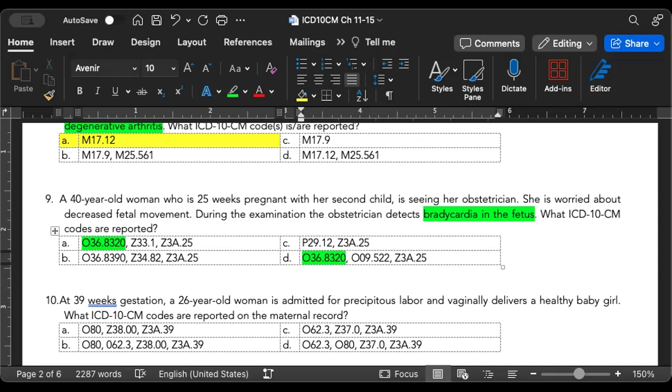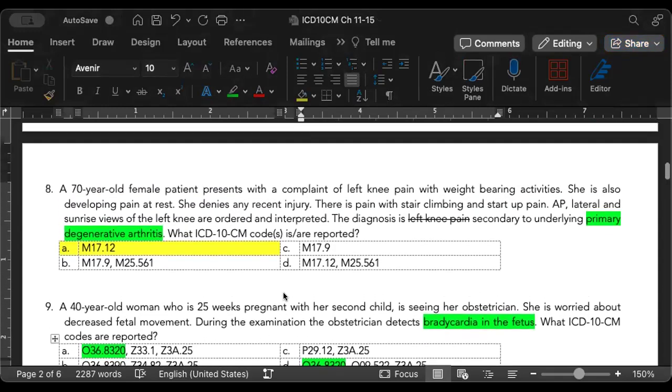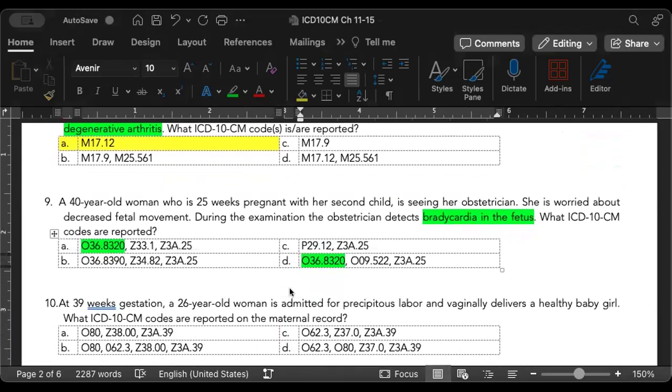So yes, the character 1 means that if you have twins and they indicate fetus 1, or if you have triplets and they indicate fetus 1, so on and so forth. So you should never use character 1 if there's a single gestation, or if there are multiple gestations and they don't specify which fetus. Okay. So any more questions on that before we move on to the next code?